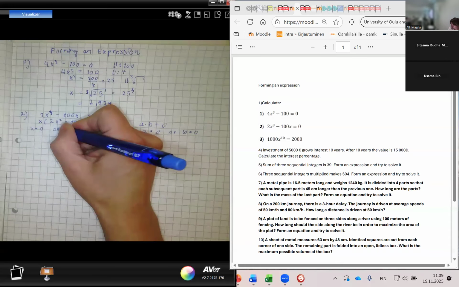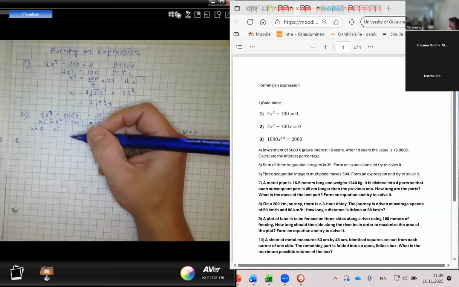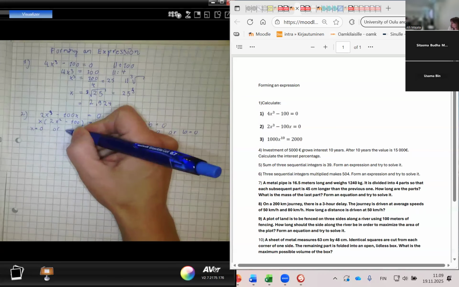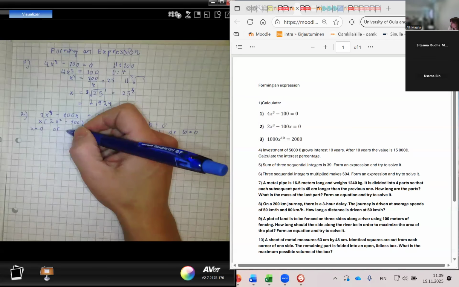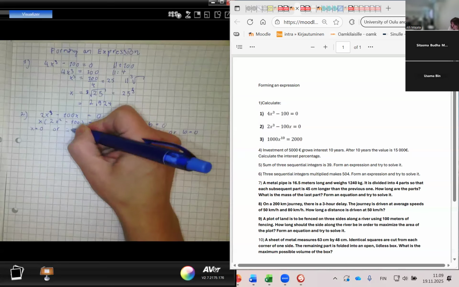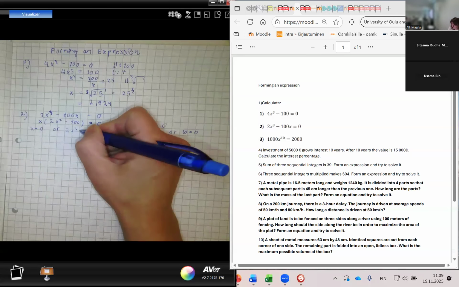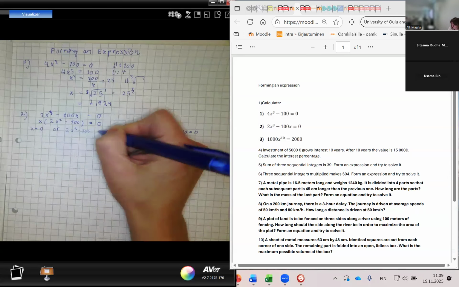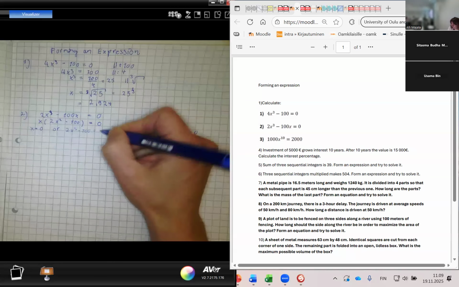Or they can both be as well. Then this 2x squared minus 100 is 0.